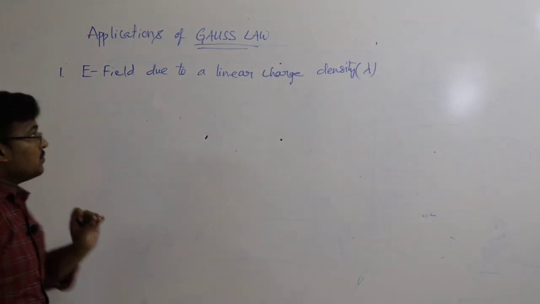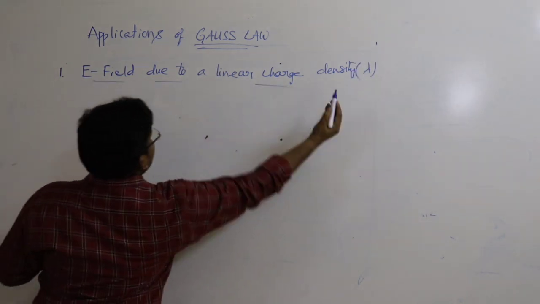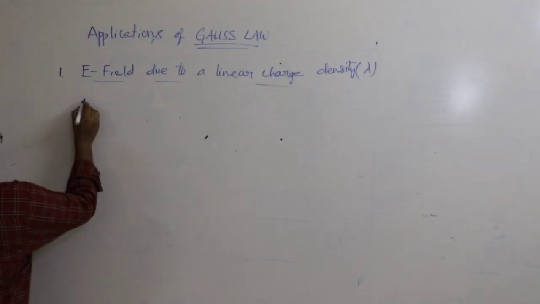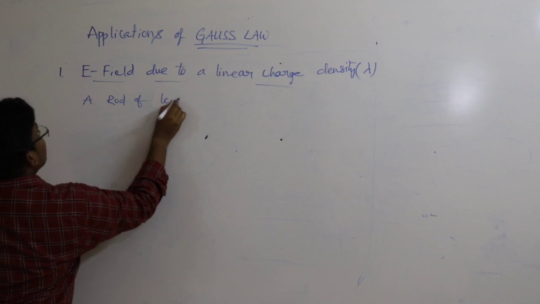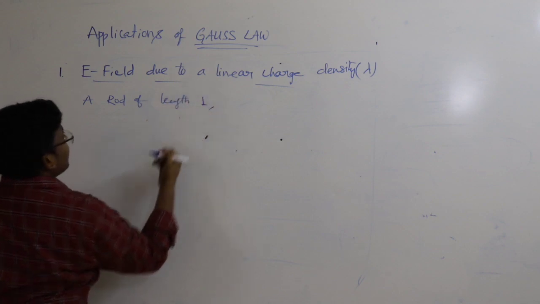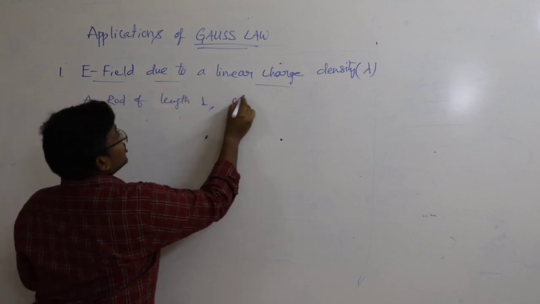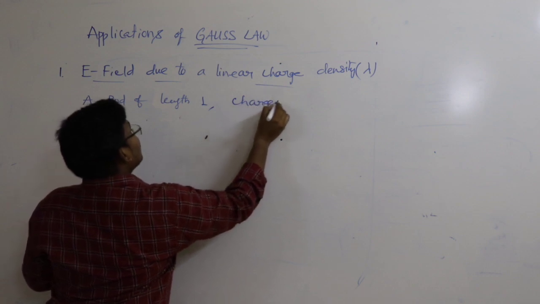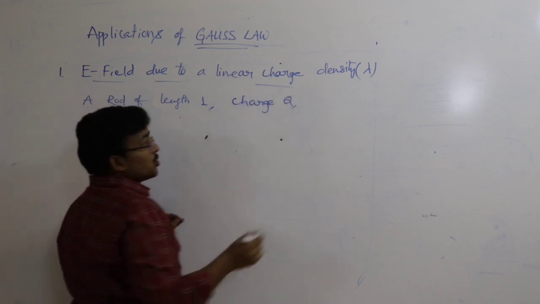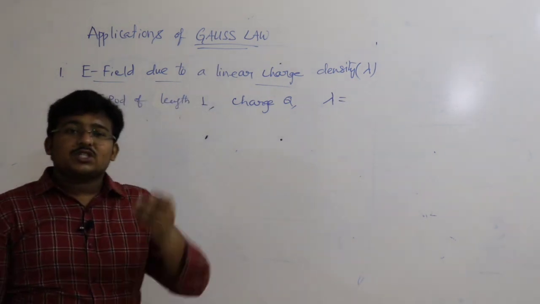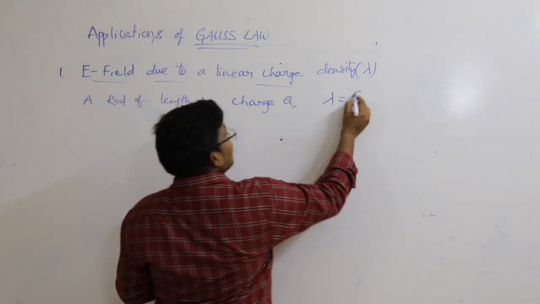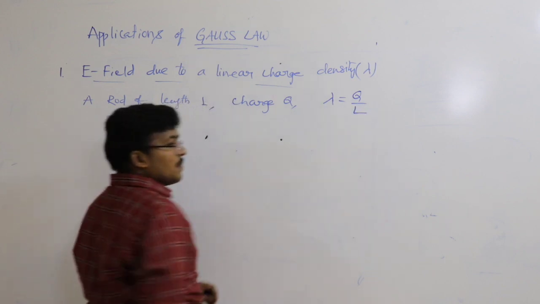So I am taking a rod of length capital L and has a given charge Q. What is linear charge density? You know that linear charge density means charge per length, so lambda is equal to Q by L.